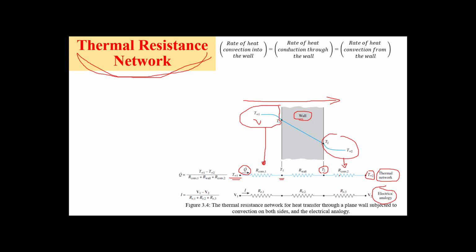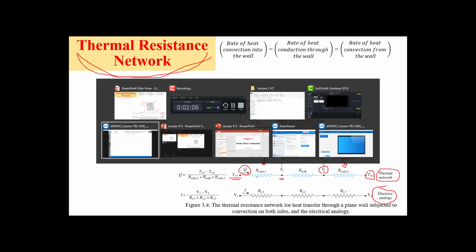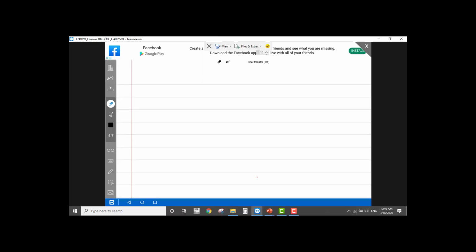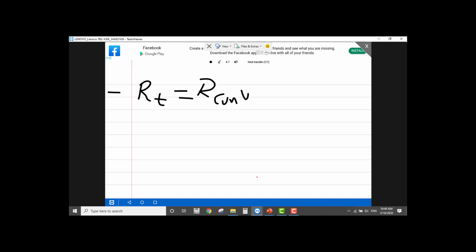So the total resistance, if you benefit from the knowledge you have from the electrical, so R total in this case will equal R convection 1 plus R wall plus R convection 2.